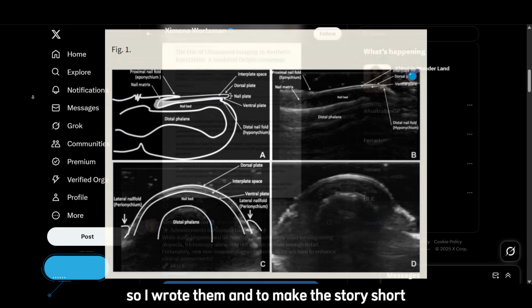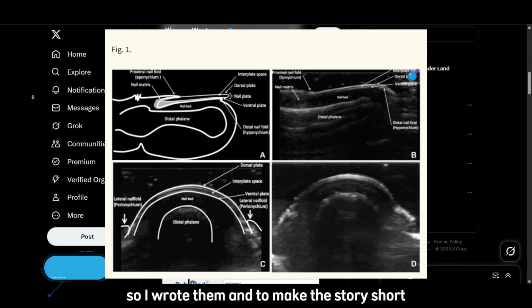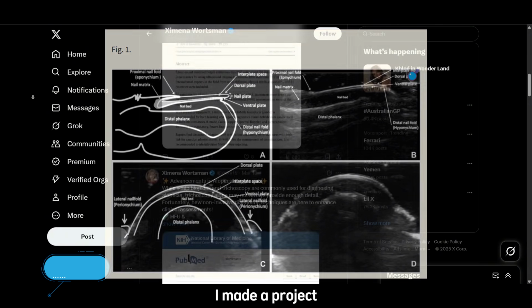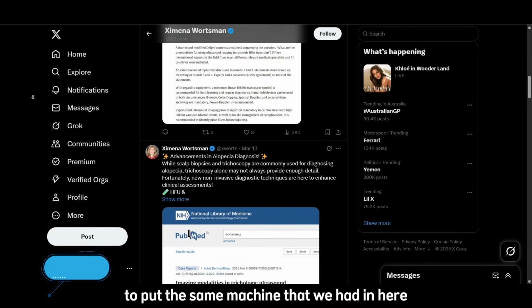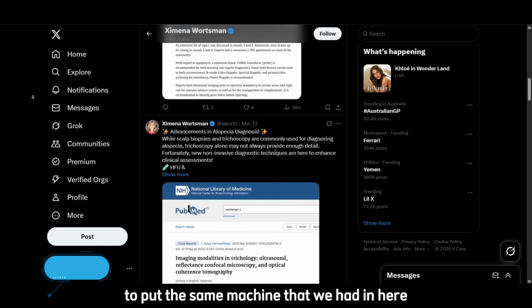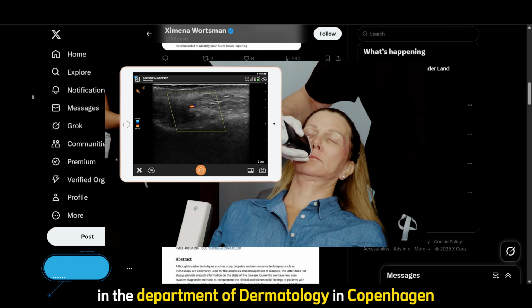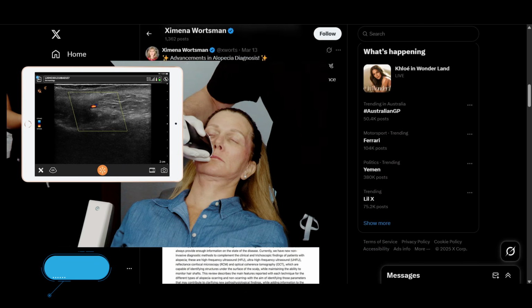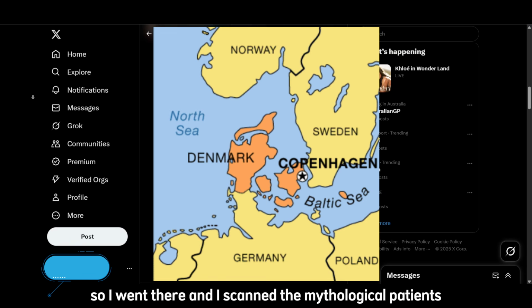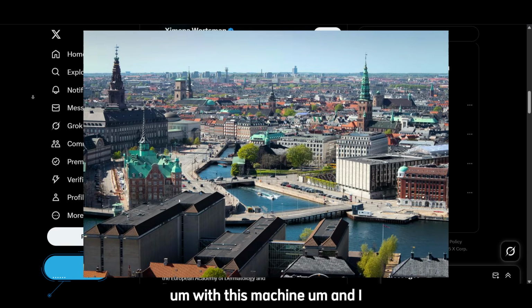So I wrote to them, and to make the story short, I made a project to put the same machine that we had in Henry Ford Hospital in a department of dermatology in Copenhagen. So I went there and I scanned dermatologic patients with this machine.